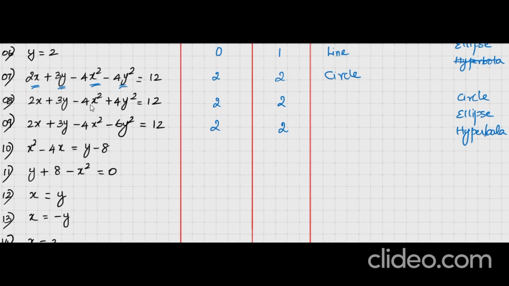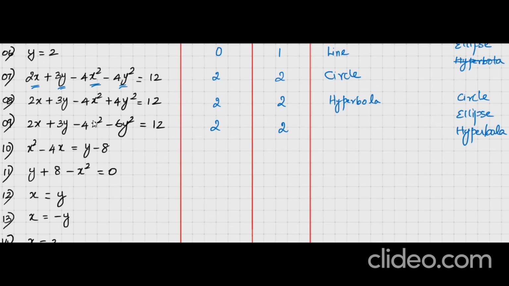Here the sign of x square is minus, here the sign of y square is plus. So signs differ, so it represents a hyperbola. Of course, in our syllabus we won't see hyperbola at all. Just to know the basic concepts only I am telling here.